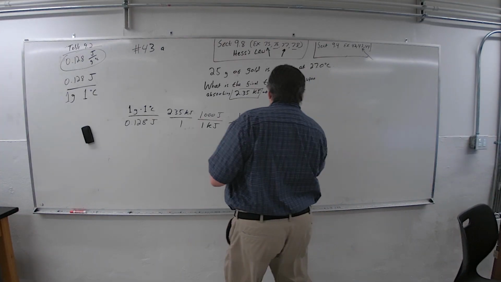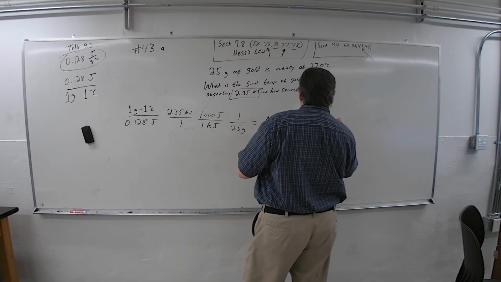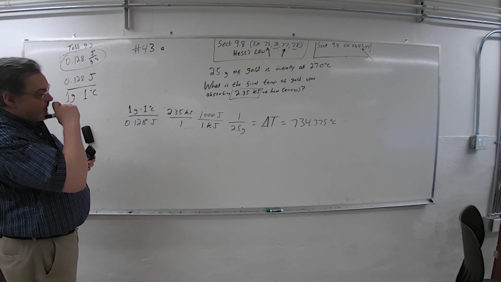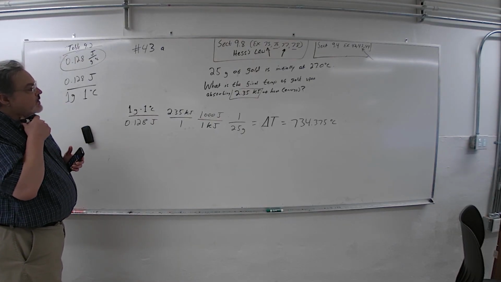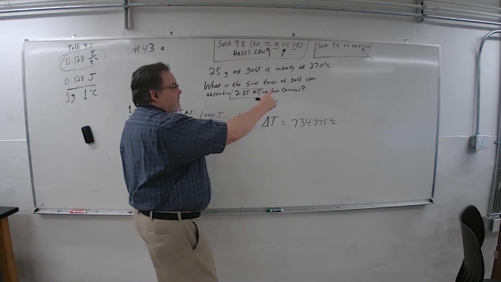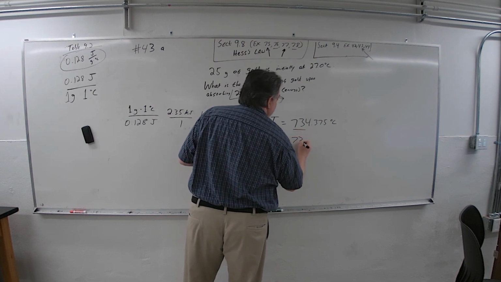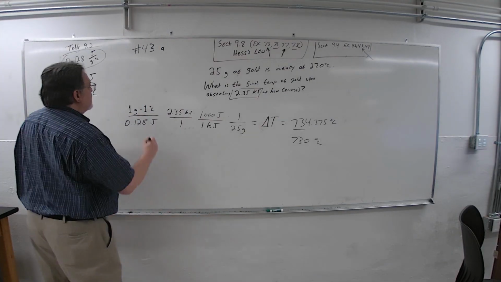Okay, that's what I got, 734.375 degrees C. I guess we can only get 2 significant figures here. That has 3. So 730 degrees C is the delta T.